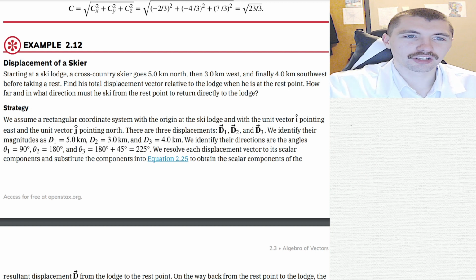A cross country skier goes 5 north. So let's just say C is 5.